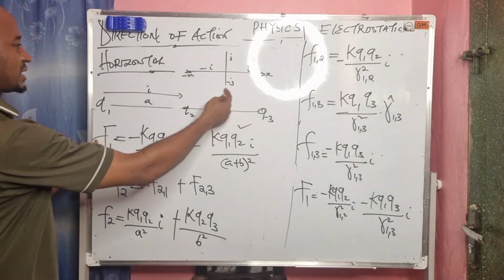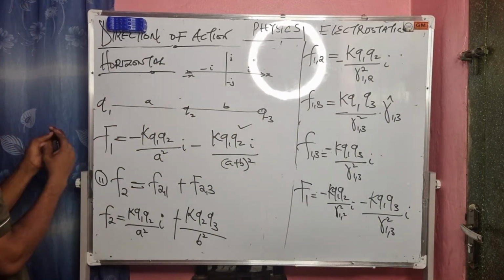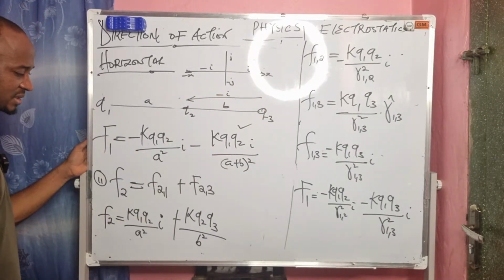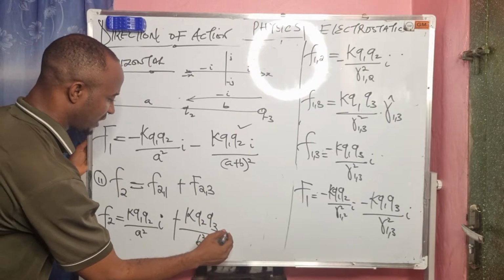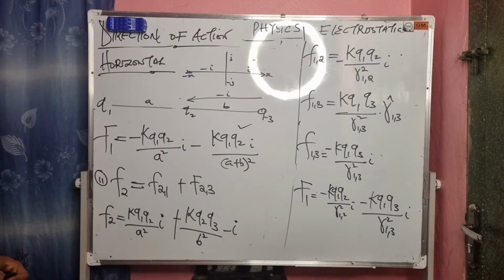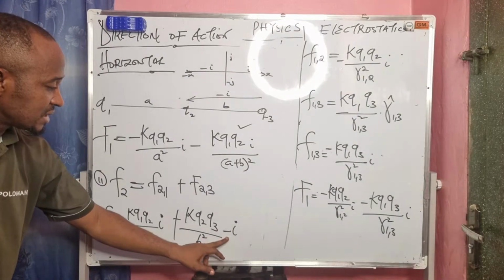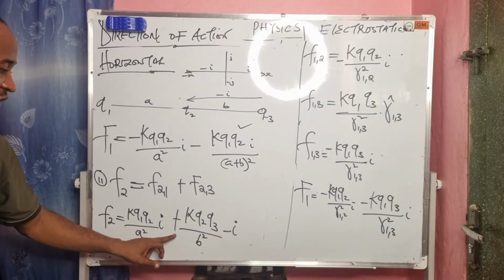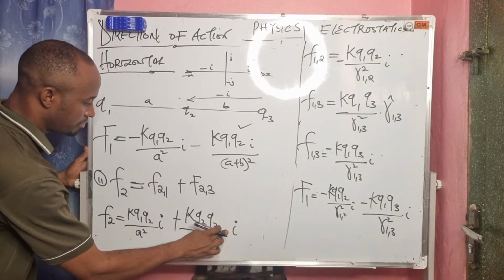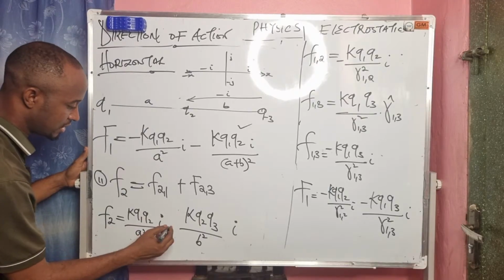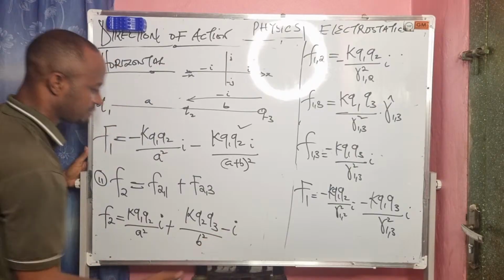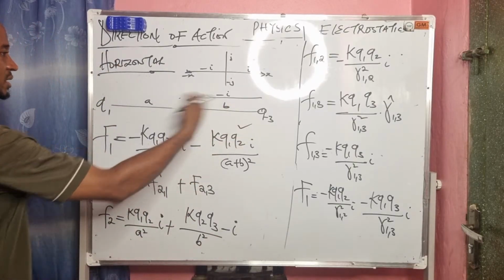It is towards this side, so minus I. Do you get the concept now? Let me put this here as plus and here as minus. From 3 to 2 is minus.